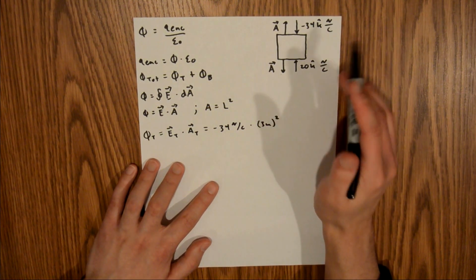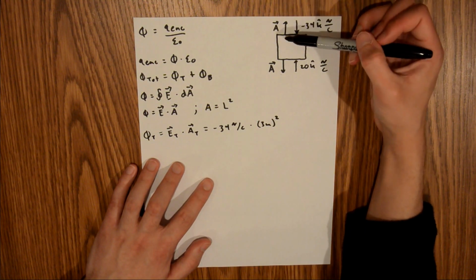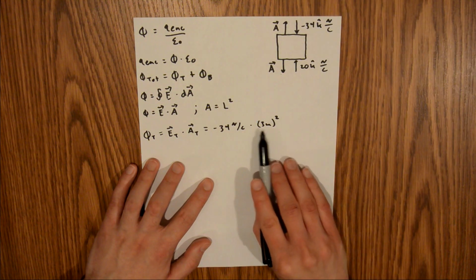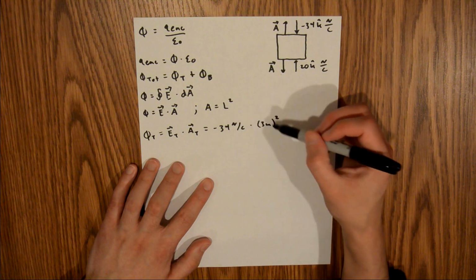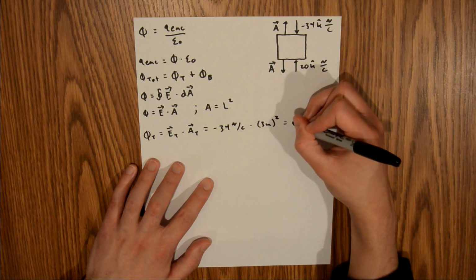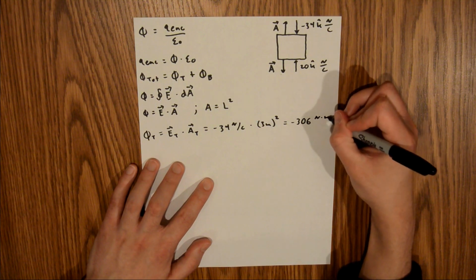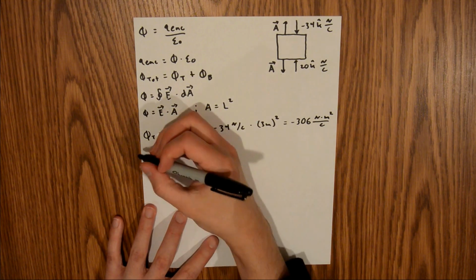One thing to be aware of is that this is a vector, so direction does matter. In this case the vector normal to the area is pointed in the positive z direction, meaning this quantity should be positive, and it is, so everything is good there. If you plug this into your calculator, you will find that this is equal to negative 306 newtons times meters squared per coulomb.